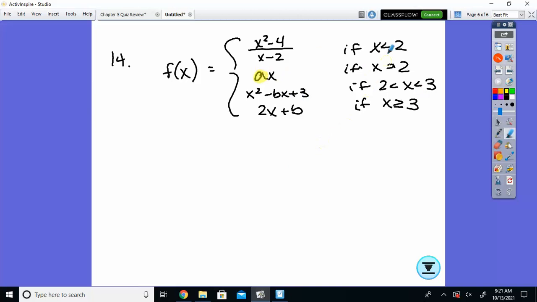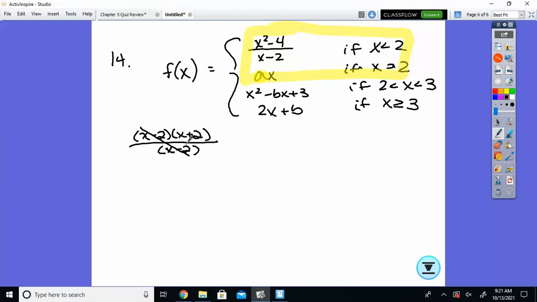So let's talk about the first one first. If I want to find the a, then these two have to match up when x is 2, right? So if I plug in a 2 for my x, these have to be alike. Can you plug a 2 into the first one? What do I need to do to that so I can then? If we factor the top, those cancel.